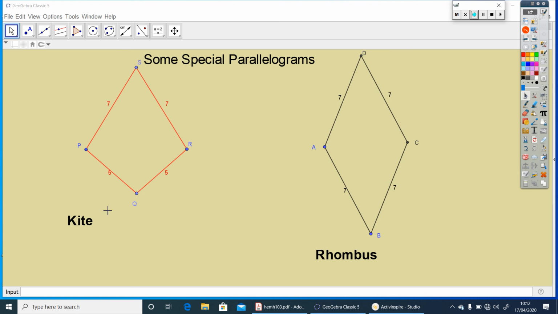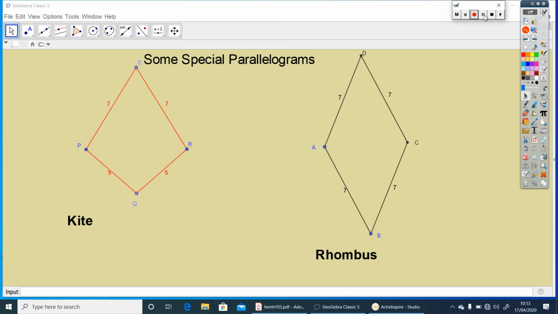Then what is the difference between a kite and a rhombus? In a kite, only distinct adjacent sides are equal, but in a rhombus all sides are equal. A kite is a quadrilateral, but a rhombus is a parallelogram. That means a rhombus has all the properties of a parallelogram and also has the properties of a kite.